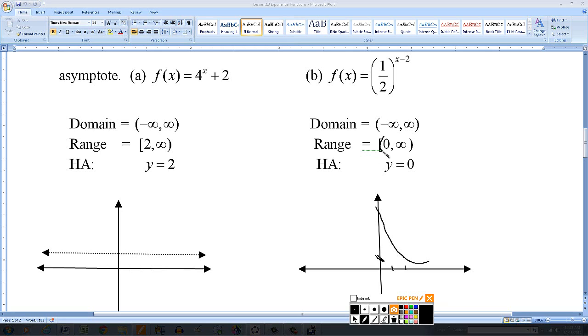The 0 is not included, so there should be parentheses here, like that. The range is still going to be the same, from minus infinity to infinity. Okay, clear this.